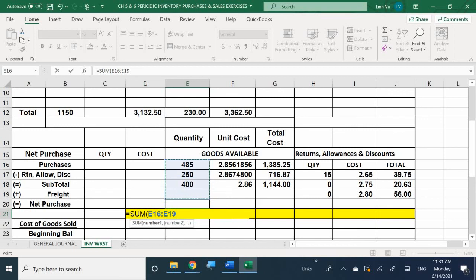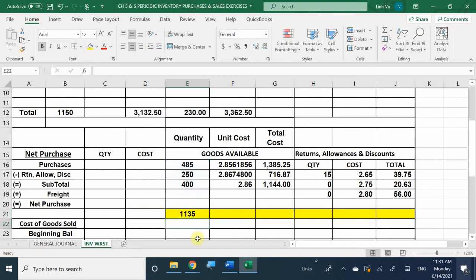How many items do I have available? 1135, at a grand total cost of 3246.12.